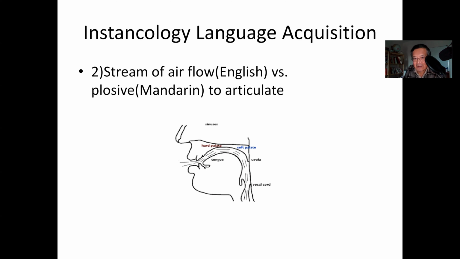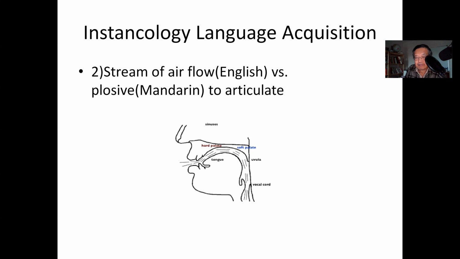I'll talk about that later. Okay, so beware of the way of articulating the sound. Use the friction and the plosive method to utter the sound. So this difference is crucial: how to sound soft, how to sound harsh, how to sound like a booming sound, like Mandarin Chinese.